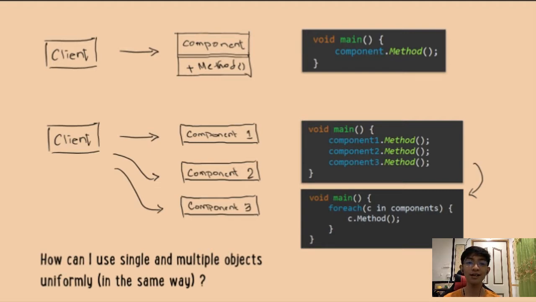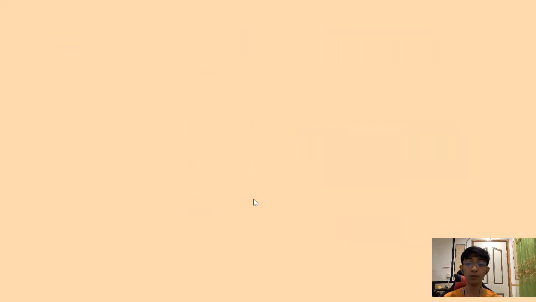Dito rin natin natalakay yung concept or yung tanong na paano ba natin matitreat ang simple and complex objects sa isang tree-like structure in the same way. So, which is answered by the concept of interface, wherein kailangan natin ma-identify kung ano ba yung method na common sa dalawang yon, sa both leaf and the composite class.